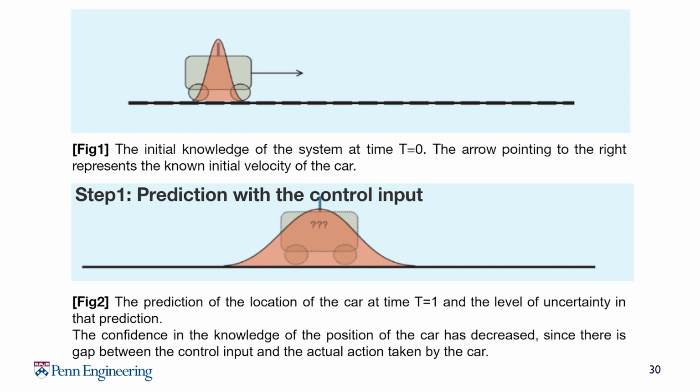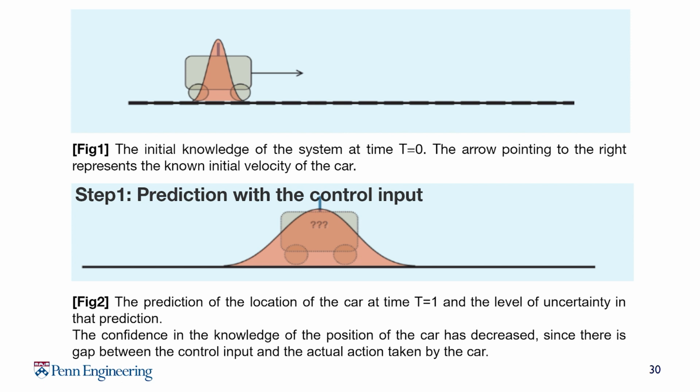The prediction of the location of the car at time t equals 1 and the level of uncertainty is shown in figure 2. We can see that the confidence in the knowledge of the position of the car has decreased, because we know there is always a gap between the control input and the actual action taken by the car.